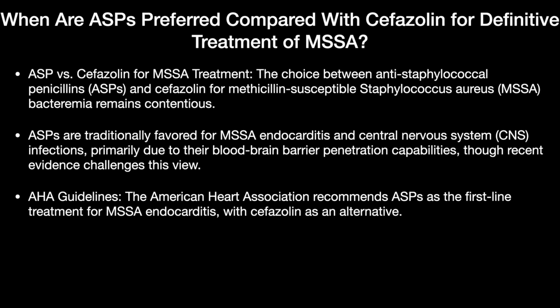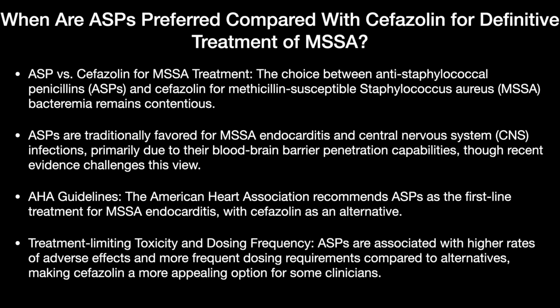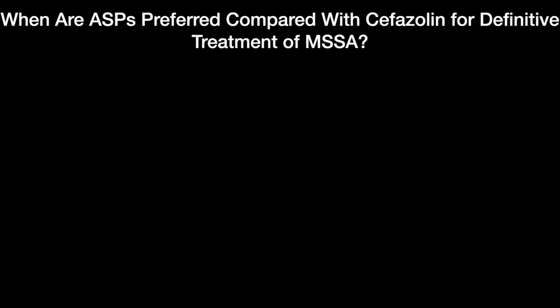The AHA guidelines recommend ASP as the first-line treatment for MSSA endocarditis, with cefazolin as an alternative. ASP is associated with higher rates of adverse effects and more frequent dosing requirements compared to the alternative, making cefazolin a more appealing option for some clinicians.